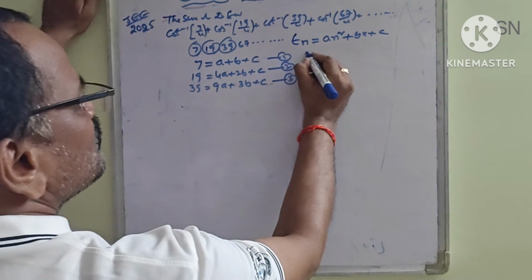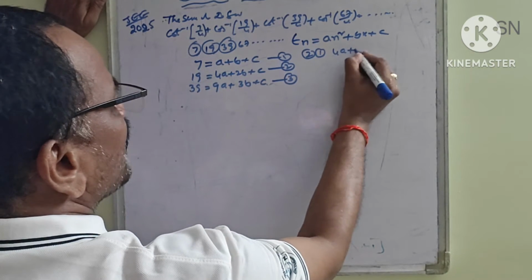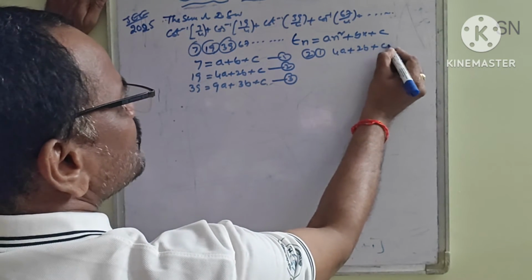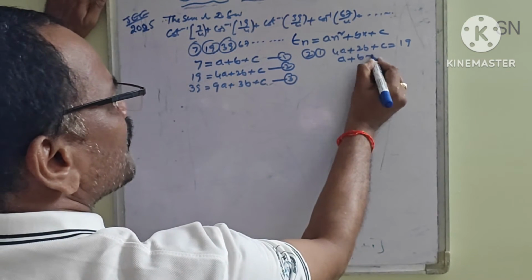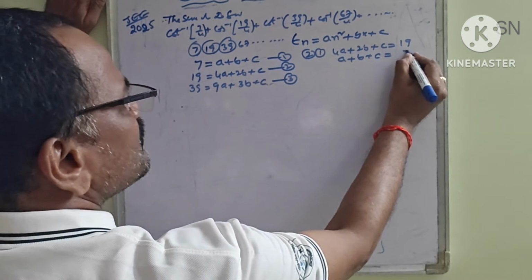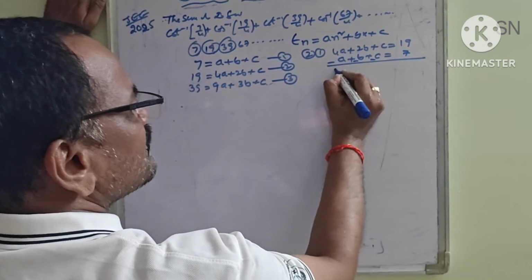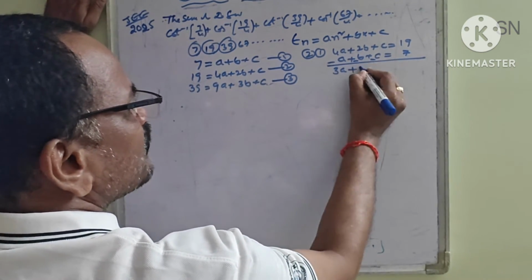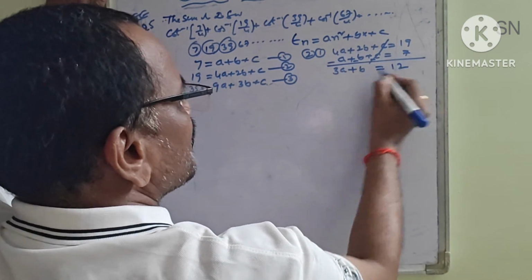Now 2 minus 1 means 4a plus 2b plus c is equal to 19, and a plus b plus c is equal to 7. Now subtract: this is 3a plus b, both c gets cancelled, and that is equal to 12.